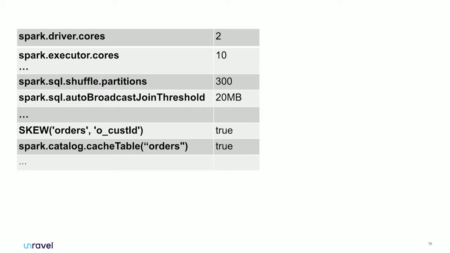And there are even different talks at this conference and in the past that talk about some of the best practices to pick a value. But often, you really don't know what value. So you have to try, based on your understanding of how these configurations work and what your application is like, different values, then submit the program, see if it improves, and that process can continue on and on.